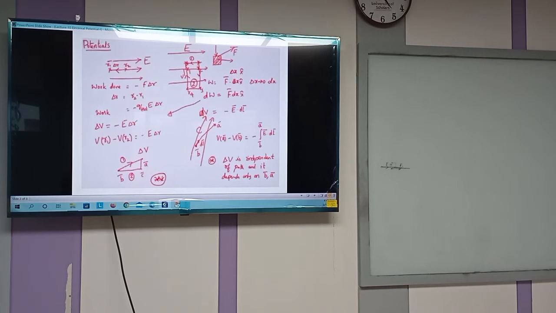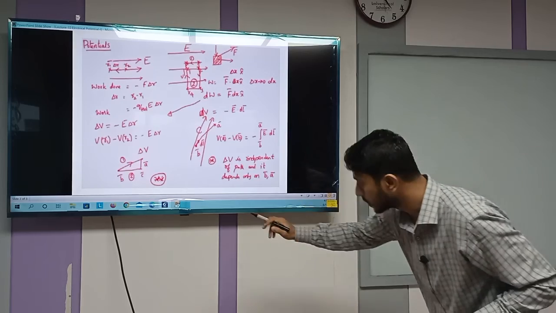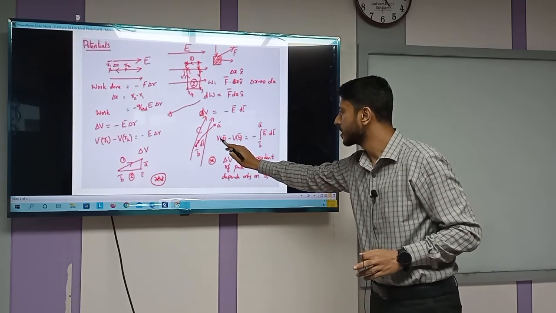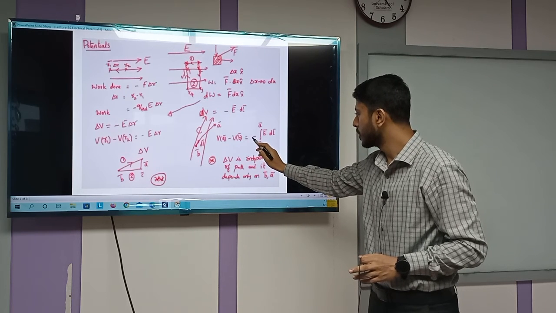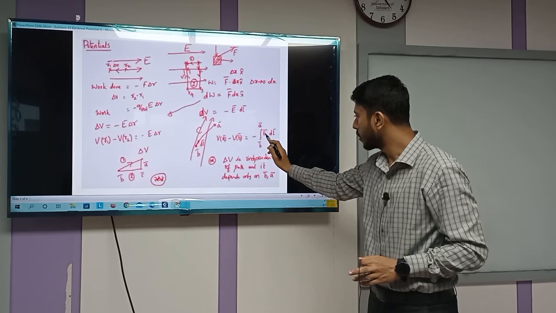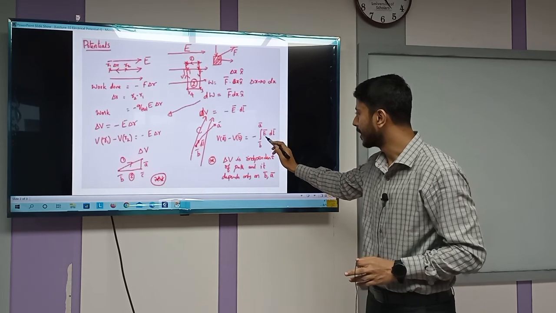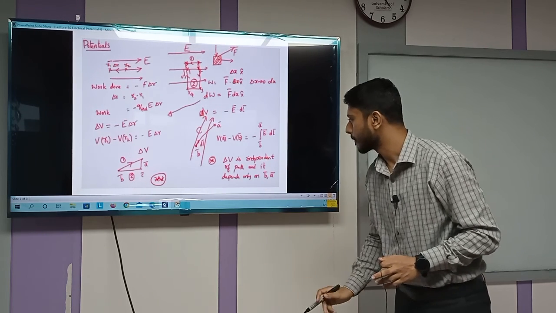If the path is given the name C, then the potential difference between these two points, V at A minus V at B, can be written as V of A minus V of B equal to minus the integration of E dot dl, and it should be from B to A.